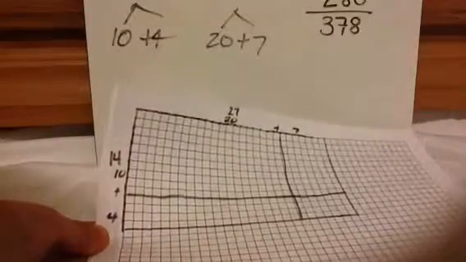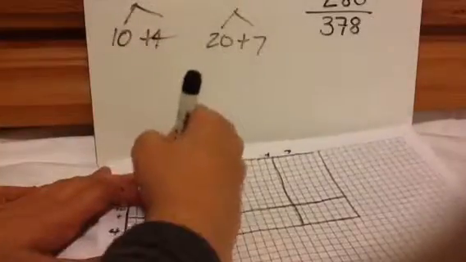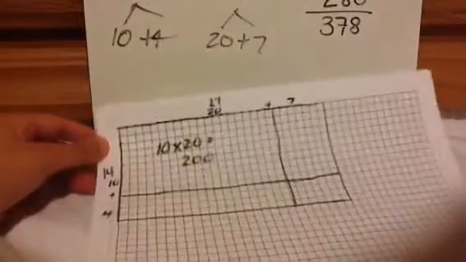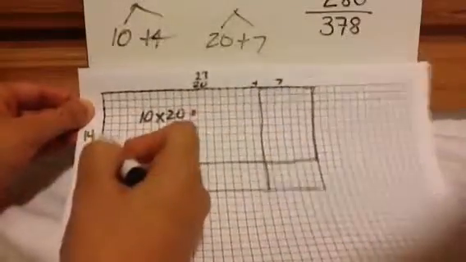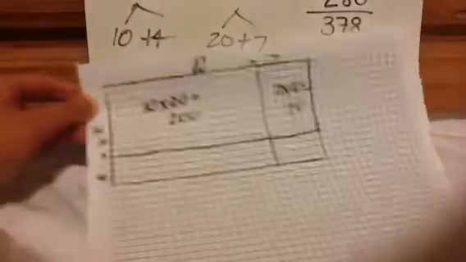So each piece, this is a 10 by 20. That equals 200 because there's 2 zeros. This is a 7 by 10 because this side is 10, so that side is 10. So 70.